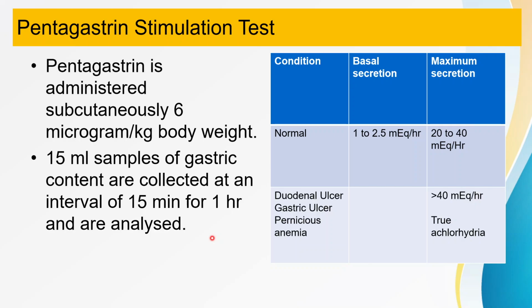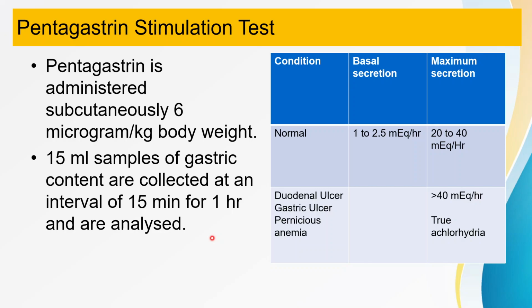In this test, after collecting the resting sample, the patient should be given pentagastrin, 6 microgram per kg body weight, subcutaneously. Then a 15 ml sample should be collected at intervals of 15 minutes for 1 hour and analyzed for free acidity and for the presence of blood, bile, pepsin, and mucus.